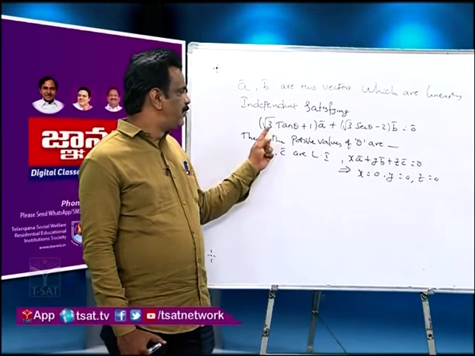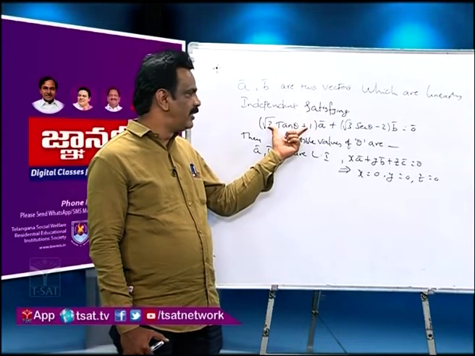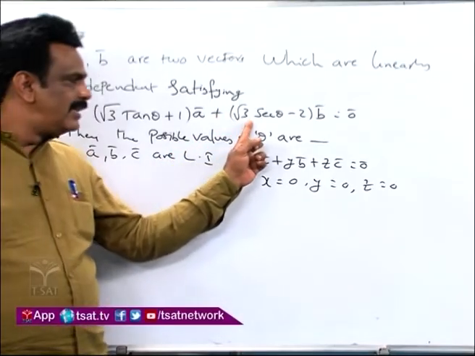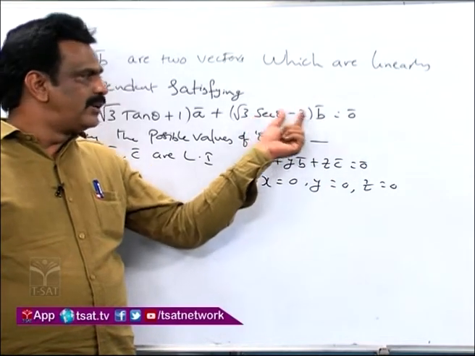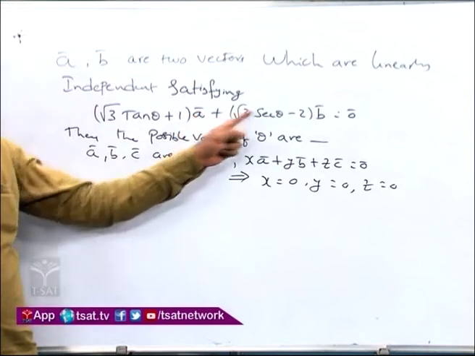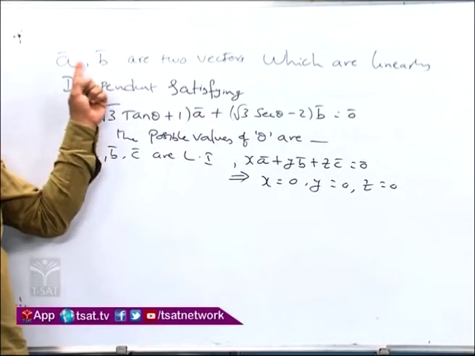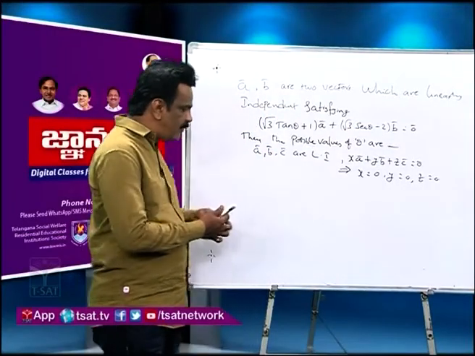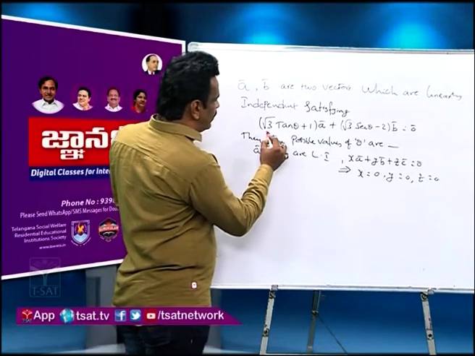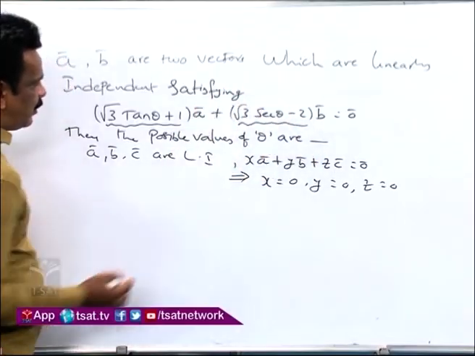So here we have root 3 tan theta plus 1 into A bar. It is a constant into A bar, and root 3 secant theta minus 2 into B bar equal to null vector. Here this is a constant into B bar. So A bar, B bar has linear combination here, and as A and B are linearly independent vectors, definitely we can say each scalar must be equal to 0.